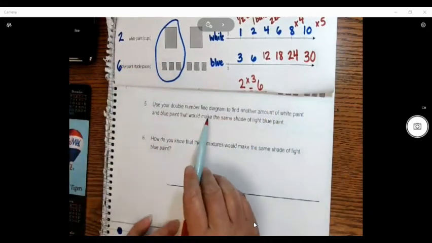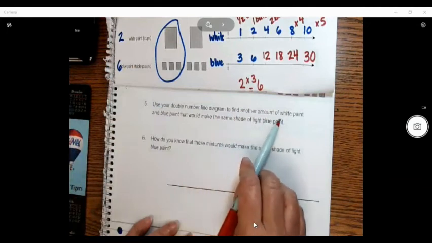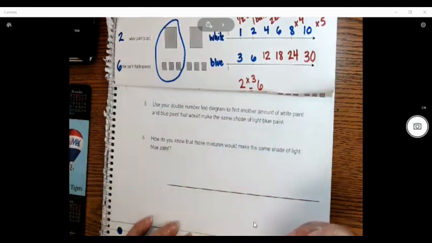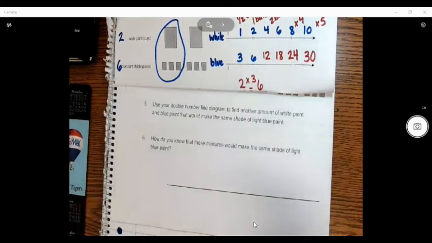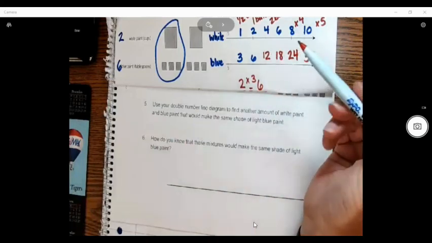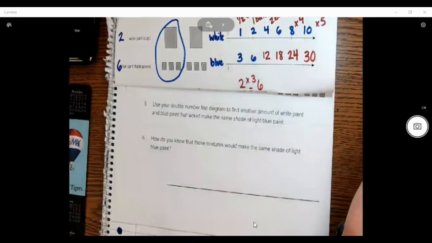Use your double number line to find another amount of white paint and blue paint that would make the same shade of light blue. Well, we dealt with 1 batch, 2 batches, and 3 batches, but what about 4 batches?